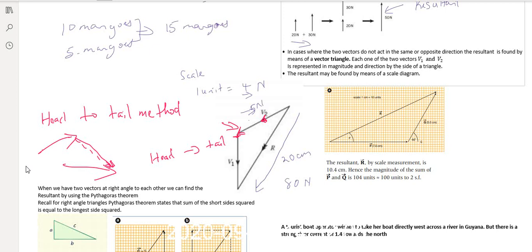So you would have to make it a point of duty to shift the vectors, maintaining the direction, and also maintaining the magnitude, the size of it. In this case, the one that I drew was a little bit too long, so you'd have to maintain all of that because the size of the vector matters.